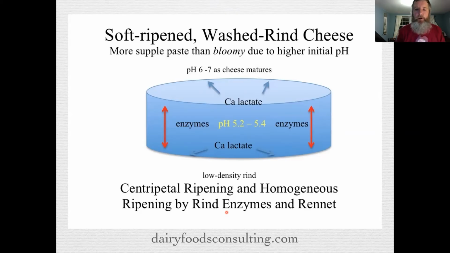So we're going to have to differentiate there so that we have a good understanding about the difference between a bloomy rind cheese that's quite mild and very stable on the shelf versus the previous slide where I was mentioning how the traditional cheeses are much more dynamic in the way they ripen, and they are going to have stronger flavors.